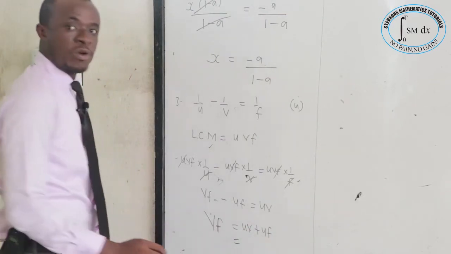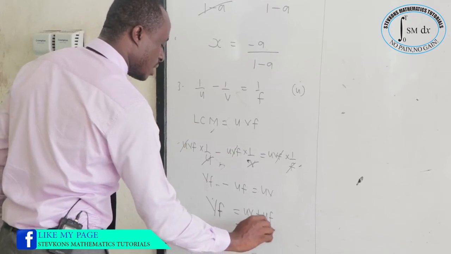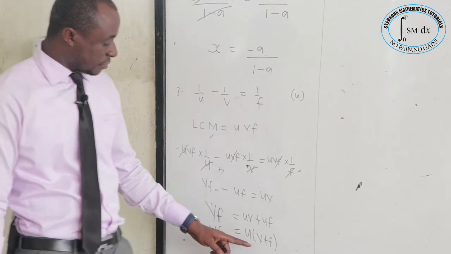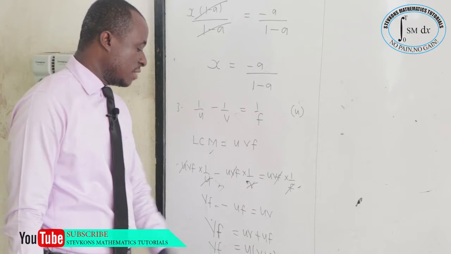Now, u is a common factor, so I have to factorize it out. And I have v plus f. I have vf. I want to make u the subject, so I have to divide through by what is multiplying the u, which is v plus f.